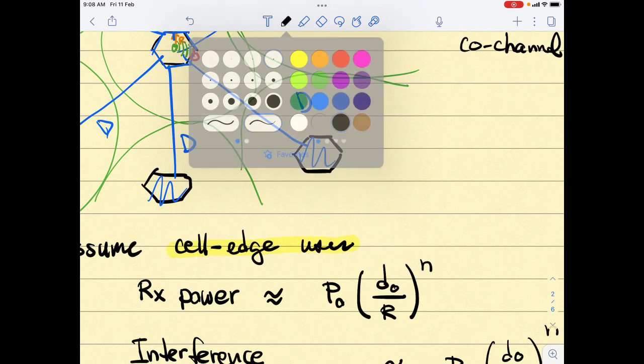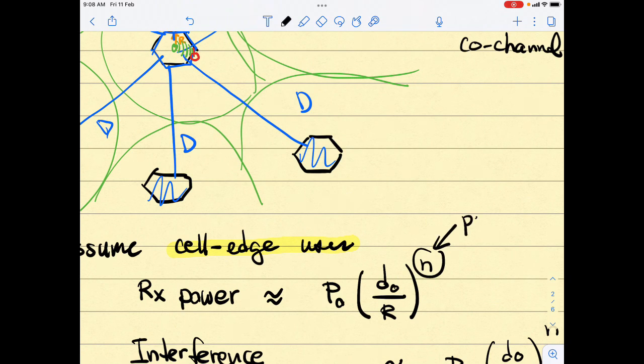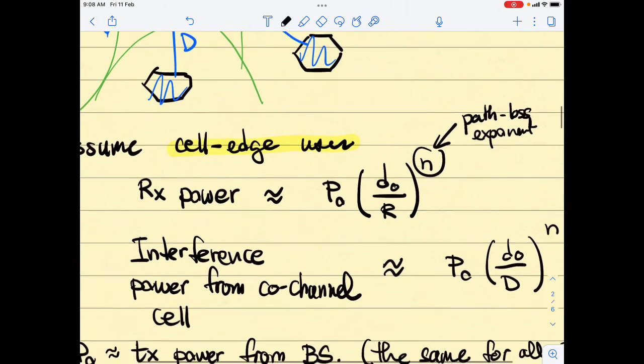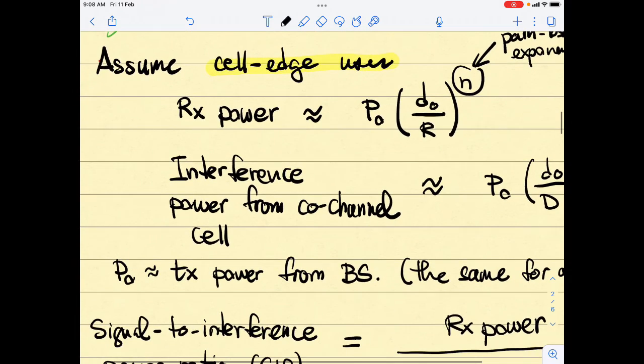So the n, remember, is the path loss exponent. It's between 2 and 4, depending on the environment. Now P0, remember, what is this P0? P0 is the receive power at the reference distance.